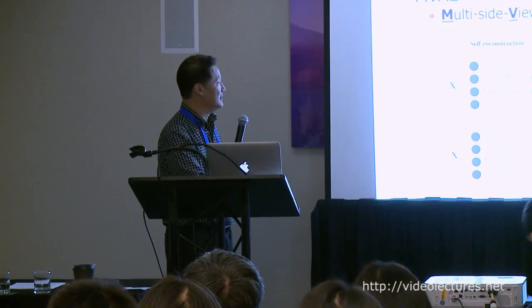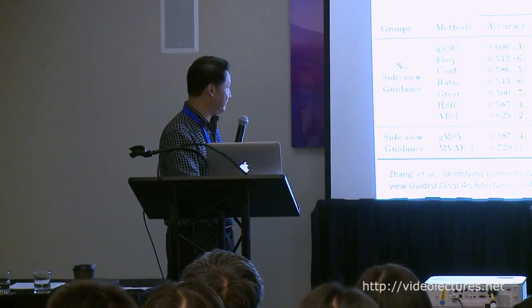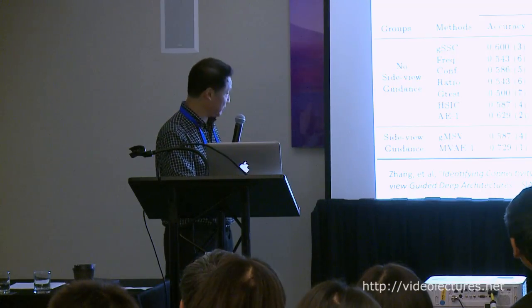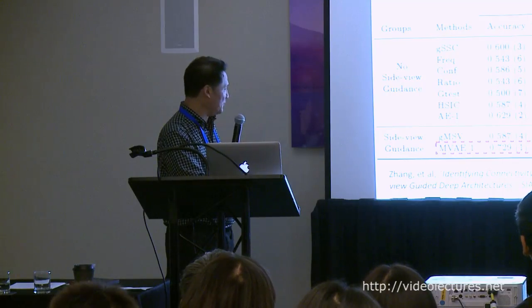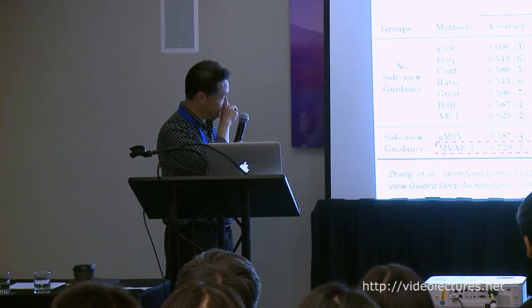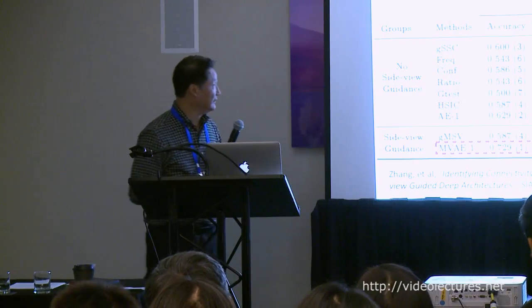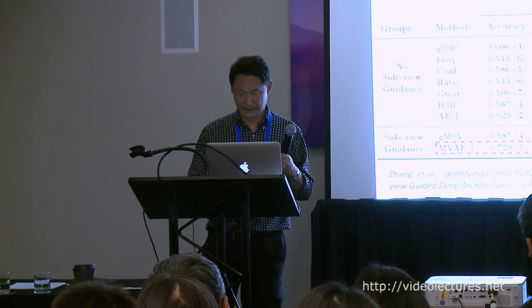This is for two different instances. If we do that, we get better results. As we can see, this is by considering the multi-view information compared with just doing an autoencoder. You can see there is substantial improvement.